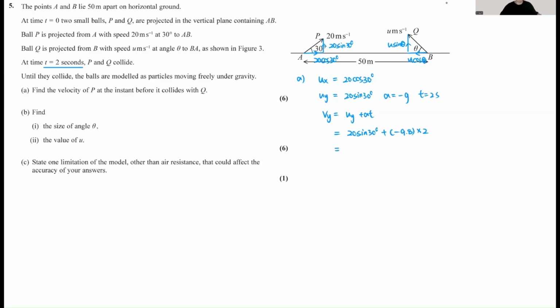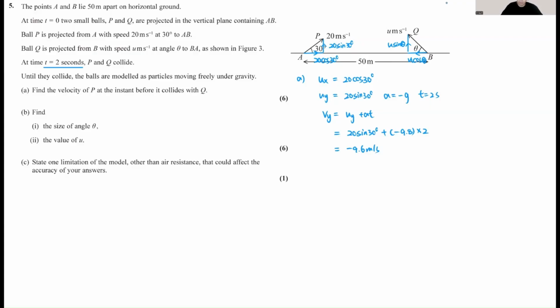So put that in the calculator, 20 times sine 30 minus 9.8 times 2, that will give us negative 9.6 meter per second. Because there's 6 marks, you can't just leave it like that. Although we have the horizontal component and the vertical component at time t equal to 2, because there's 6 marks, we have to work out the speed and the angle, the direction.